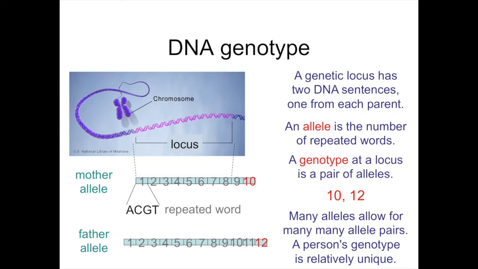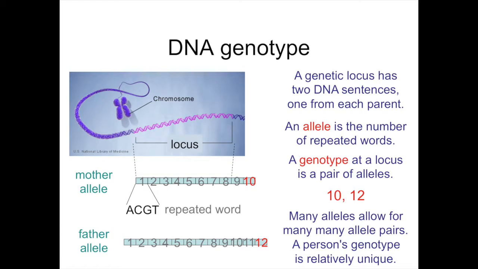If there's 100 possibilities, maybe 10 are very common, and you multiply it, say, 15 different locations, 100 times 100 times 100, you'll end up with like a 1 followed by 30 zeros. You have a huge number, like a trillion possible genotypes if you look at 15 different locations. Think of them as a list of pairs of numbers.